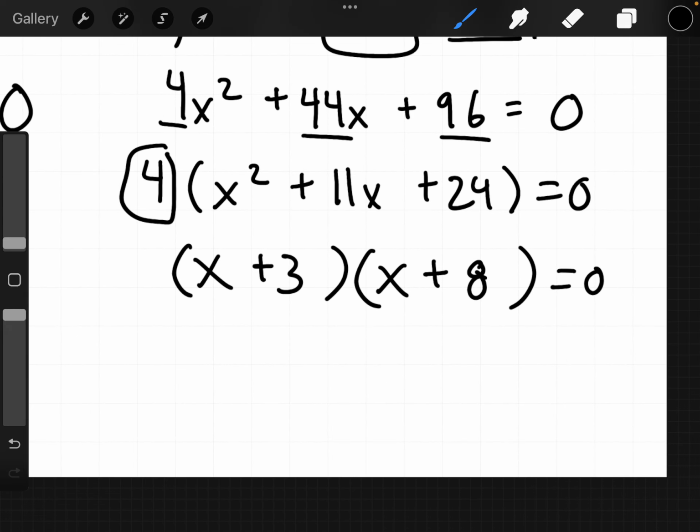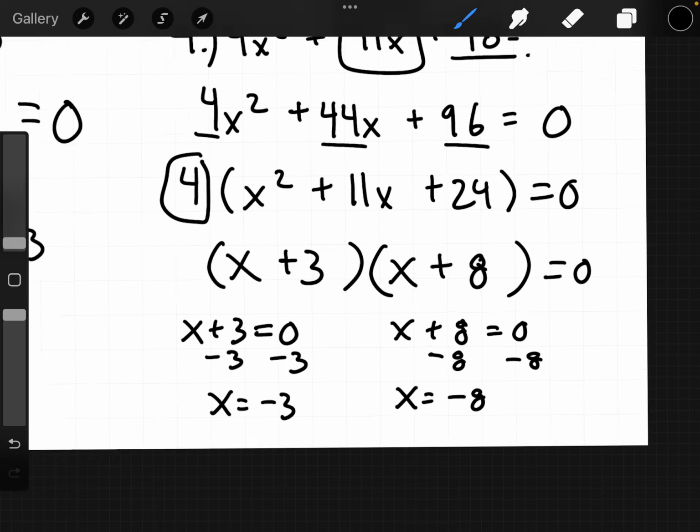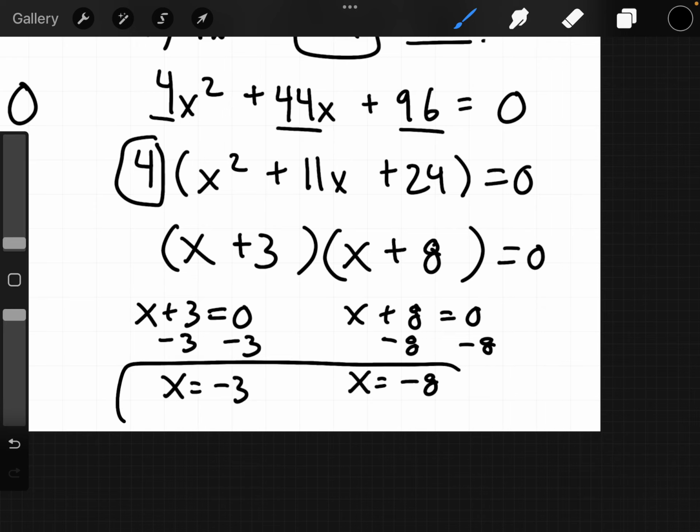Setting each equal to 0, subtract 3 on both sides, x equals negative 3, subtract 8 on both sides, x equals negative 8. So these are our two solutions for example 4.